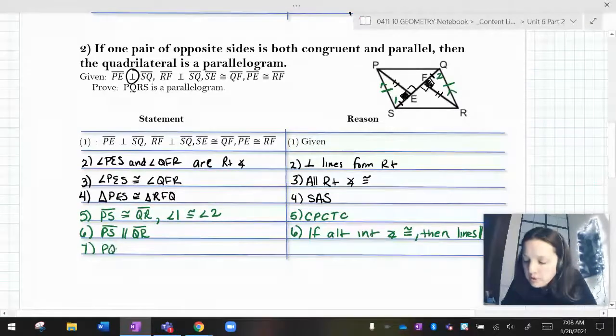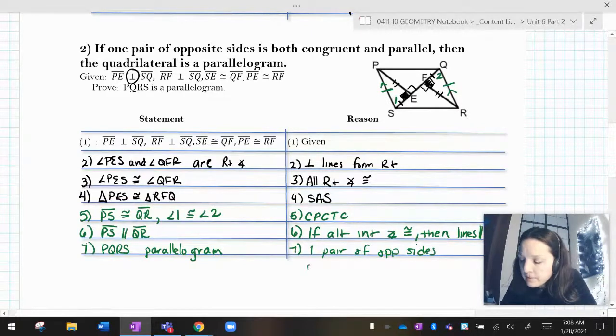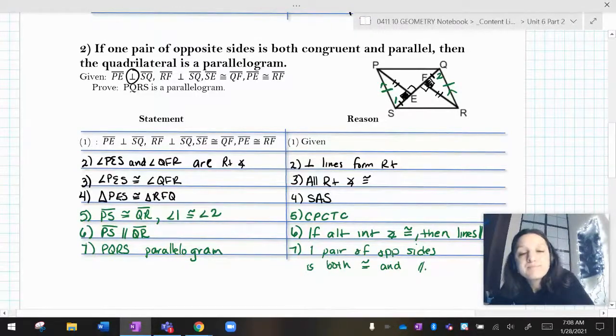Now I know PQRS is a parallelogram because one pair of opposite sides is both congruent and parallel. All right.